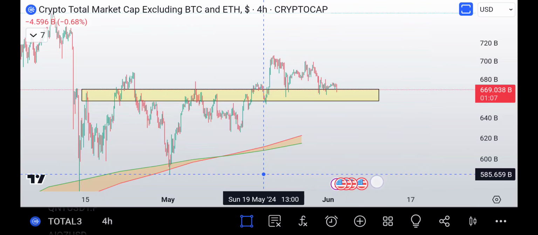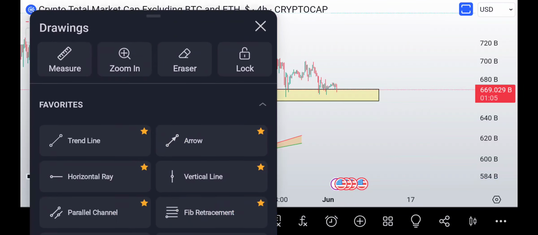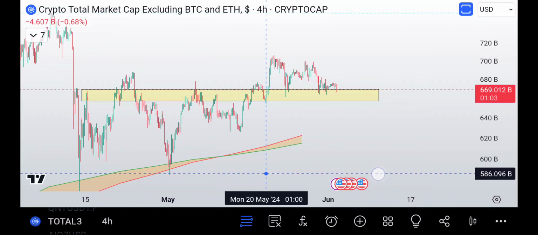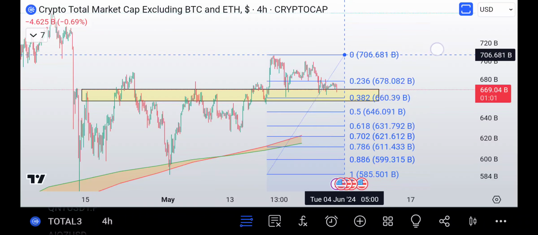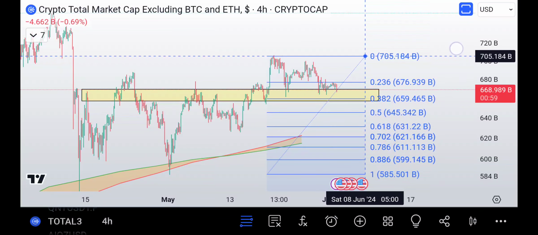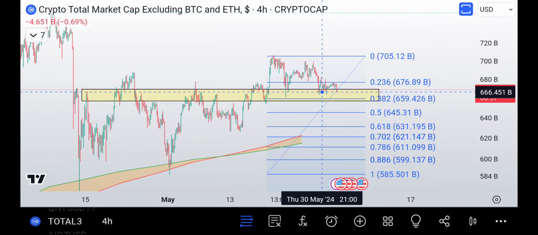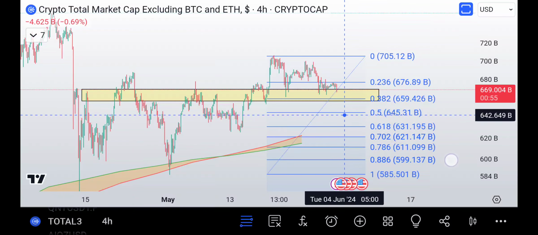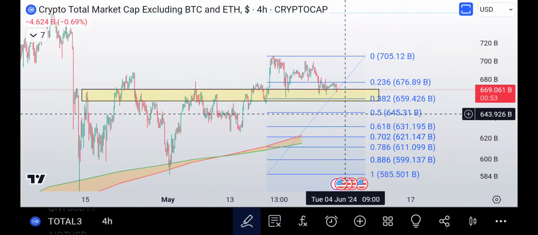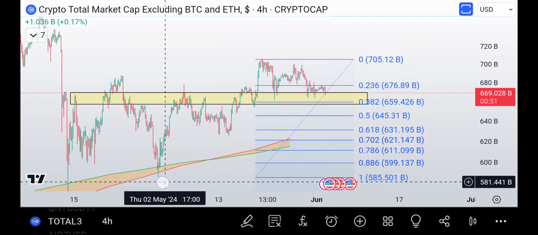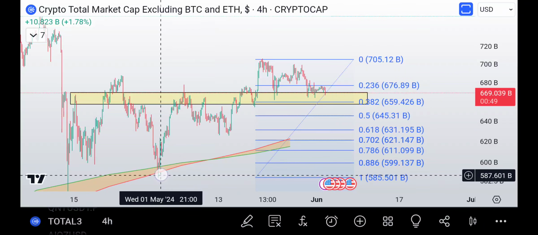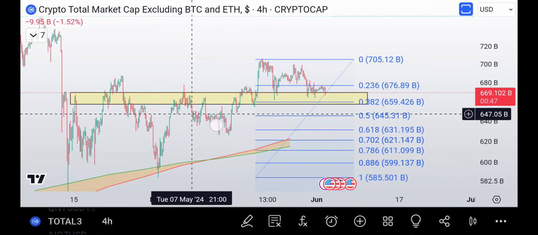box here, then what I would look for is where the retracement comes in. We're still high. We haven't even had a 50% retracement of this wave yet, this 3-wave move, 1, 2, 3.